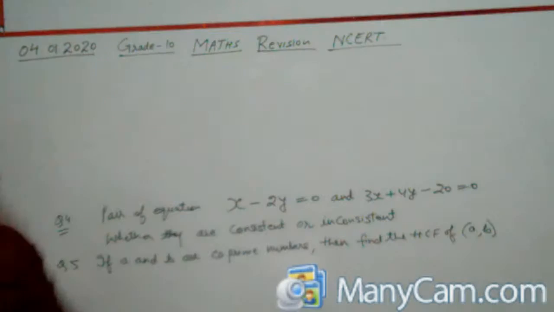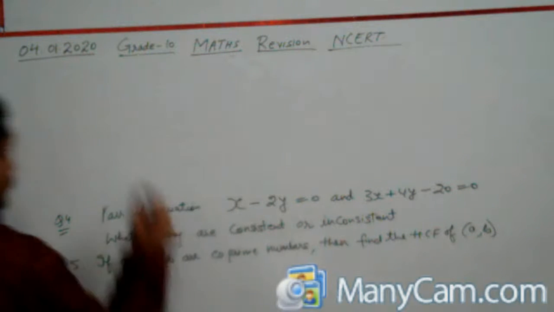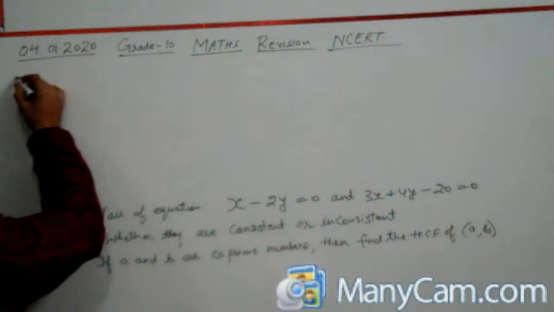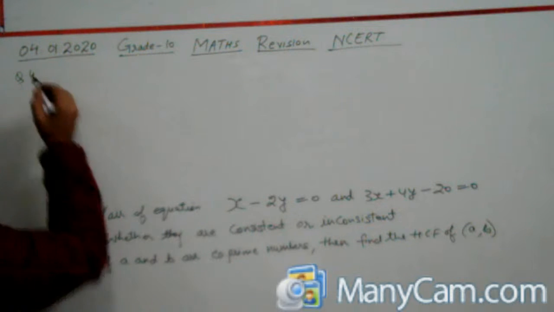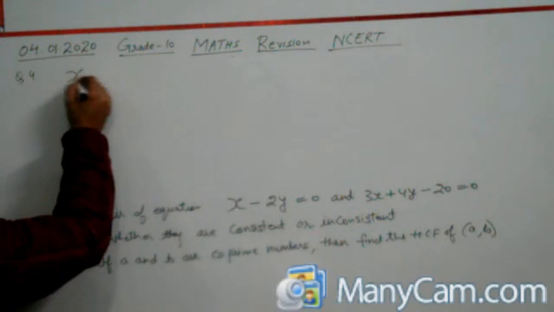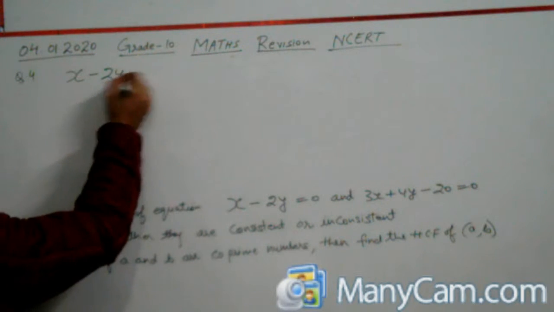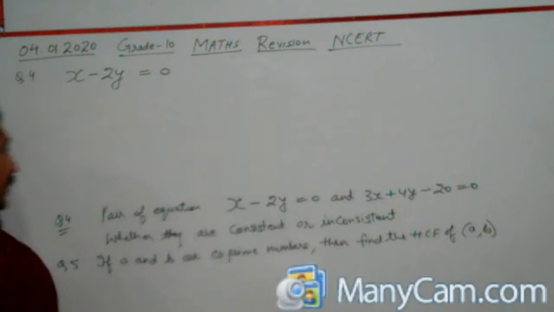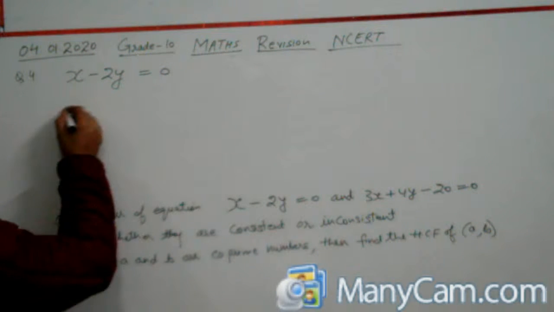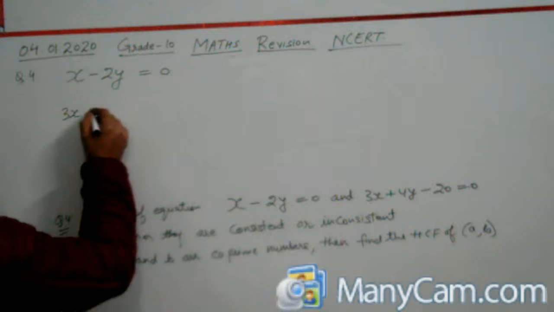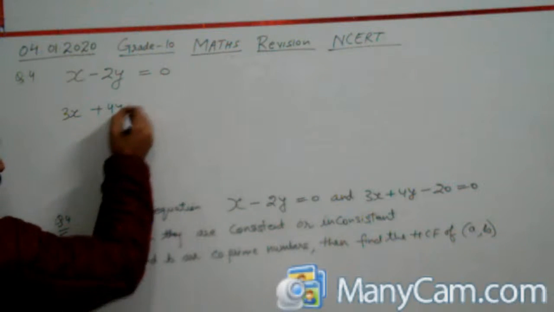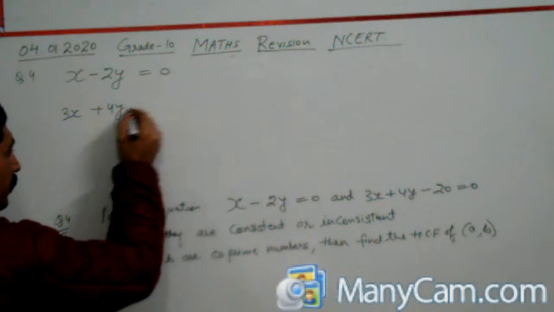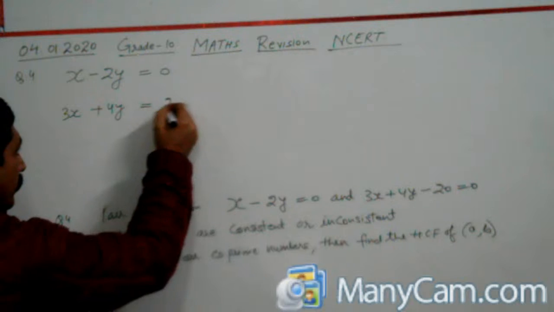Okay, so question number 4. In question number 4, two equations are given. One is x minus 2y is equal to 0, and the other is 3x plus 4y is equal to 20.